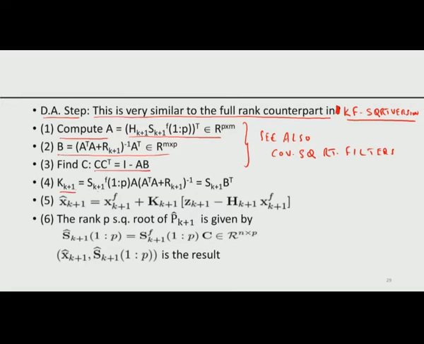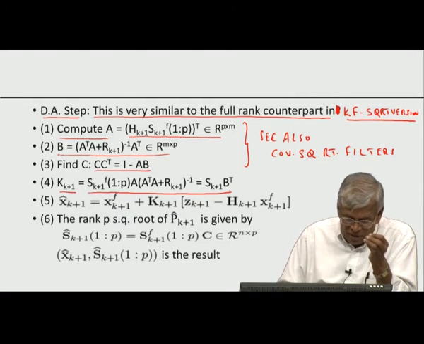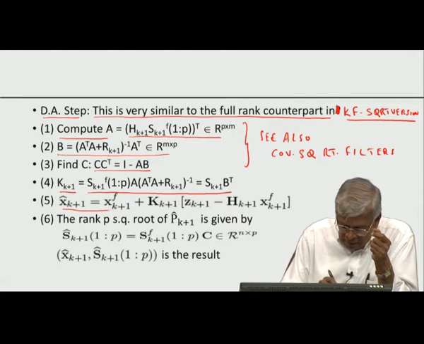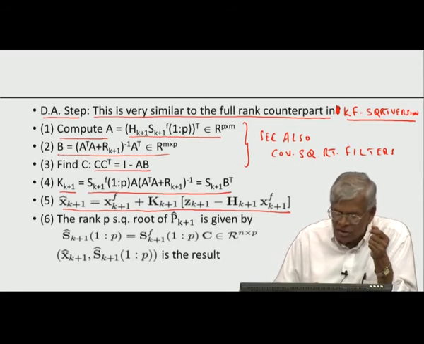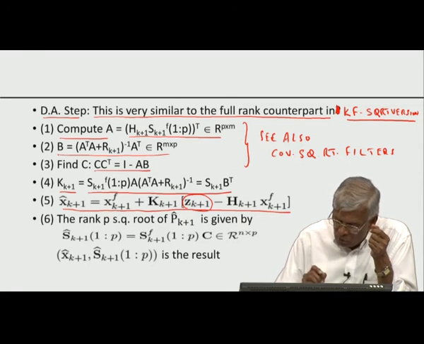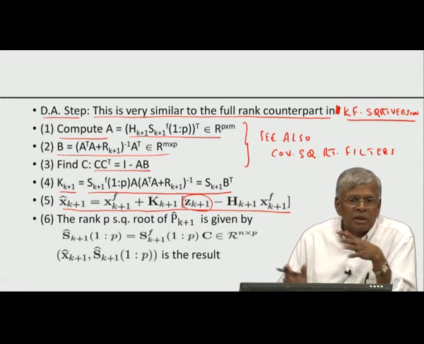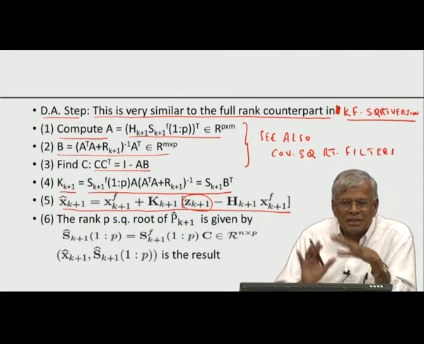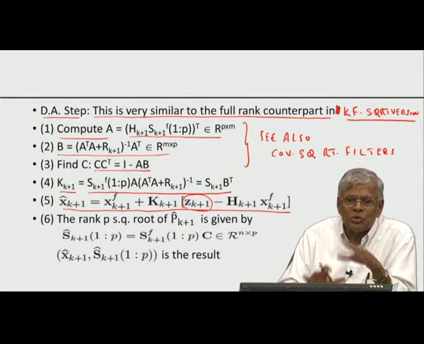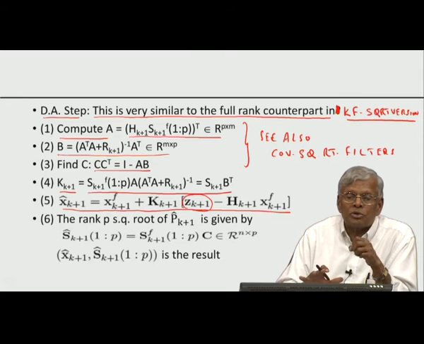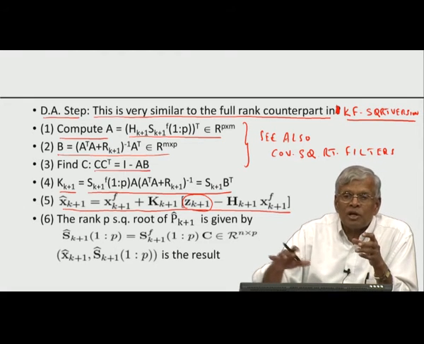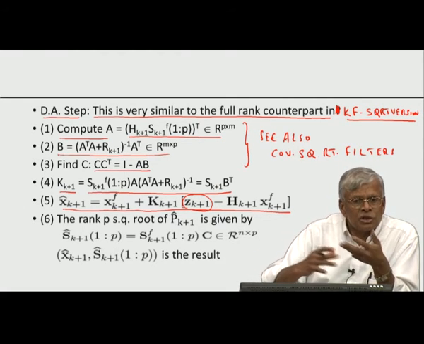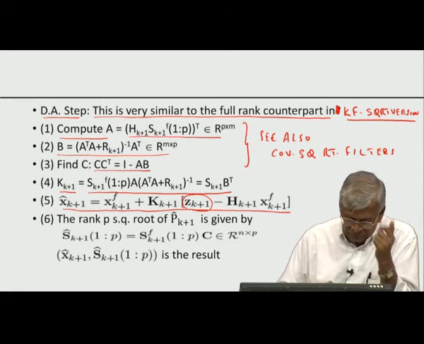So I can now give an expression for a reduced rank approximation to the Kalman gain. If I have a reduced rank approximation to the Kalman gain, I have a reduced rank update. Please understand, here I am using only one observation because there is no ensemble here. It is simply a deterministic reduced rank implementation, as opposed to ensemble methods for reduced rank implementation, which could be either stochastic or deterministic.